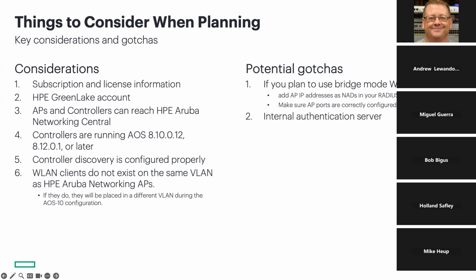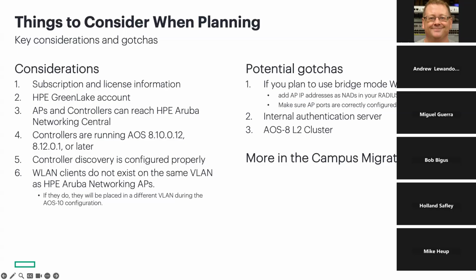IAS, make sure that if the customer uses it, it's rare, it's not often, but if the customer is using IAS, just make sure that they are aware that that is not supported in AOS 10. And make sure that your AOS 8 cluster is connected in L2 mode.